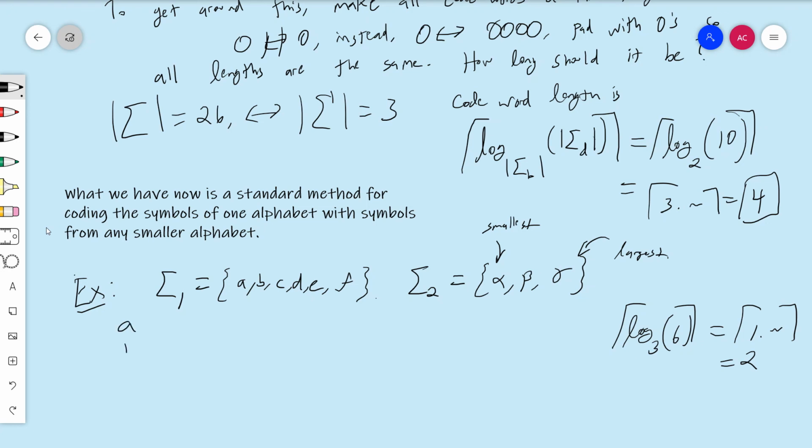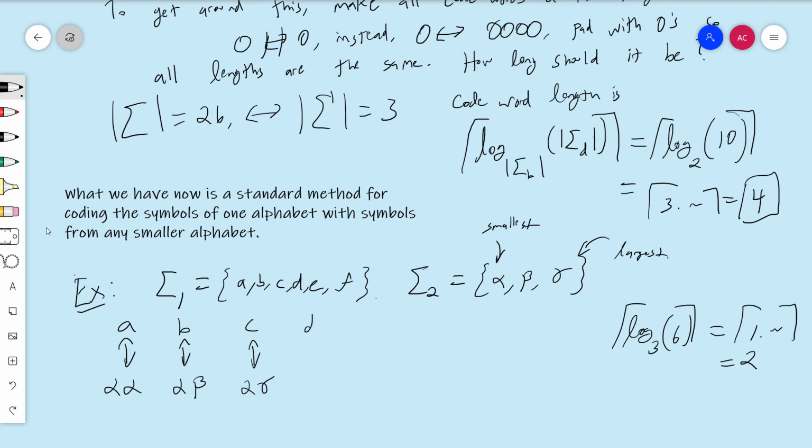So how are we going to code A? Let's encode it with alpha, alpha, alpha. Oh wait, sorry, that's 3 symbols. Alpha, alpha. Let B be encoded by alpha, beta. Let C be encoded with alpha, gamma.